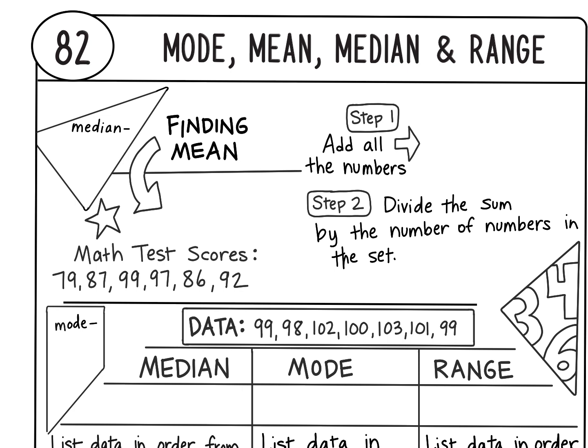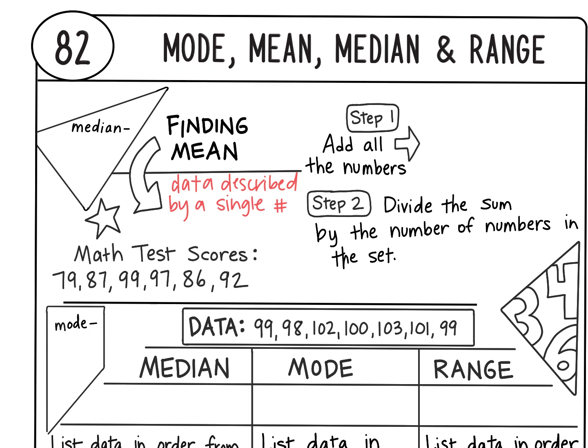So we're going to define the mean. It is data described by a single number. And I'm just going to put the little hashtag sign for number.